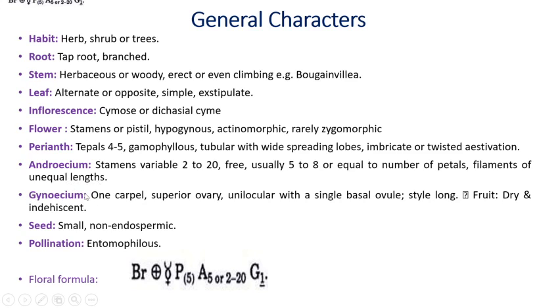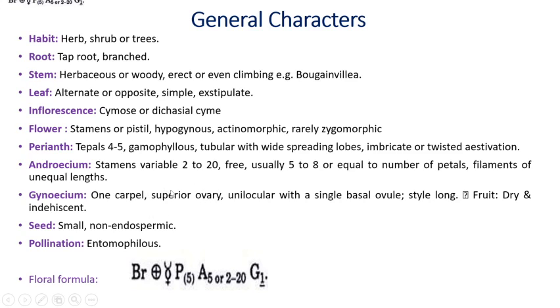Then the female sexual organ of this family is the gynoecium with only one carpel. The number of carpels is only one. This condition is called monocarpellary. Ovary superior. That means on the receptacle, the ovary is present at the base and the other floral whorls, sepal, petal, tepal and stamens, arise from the base of the ovary.